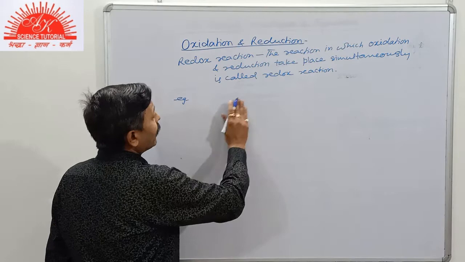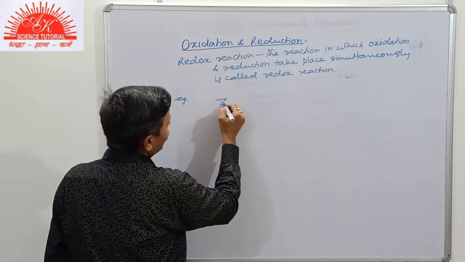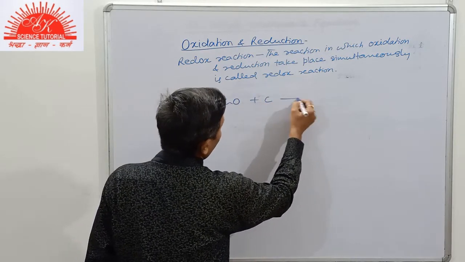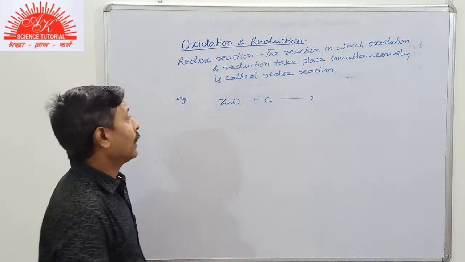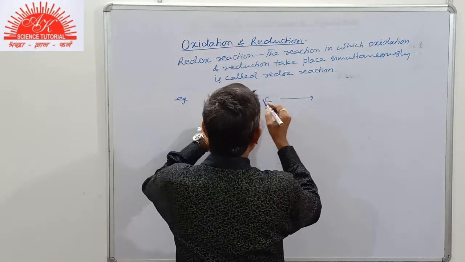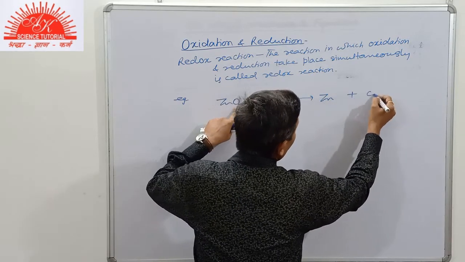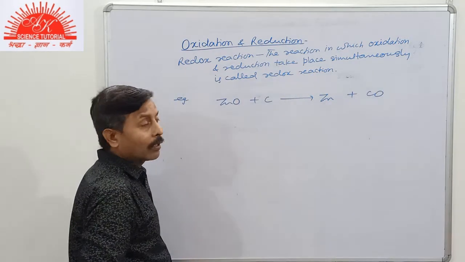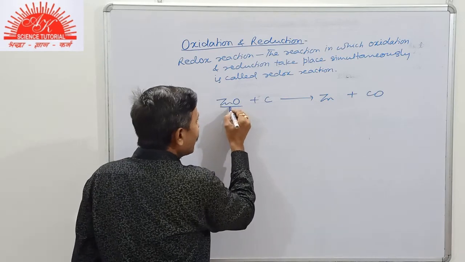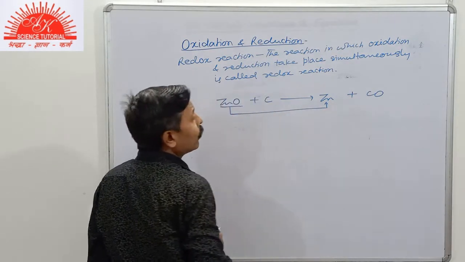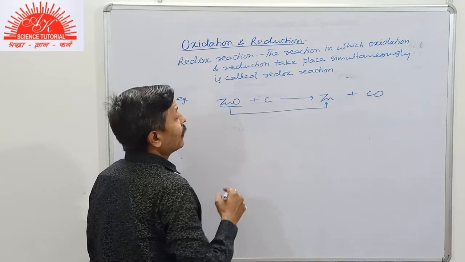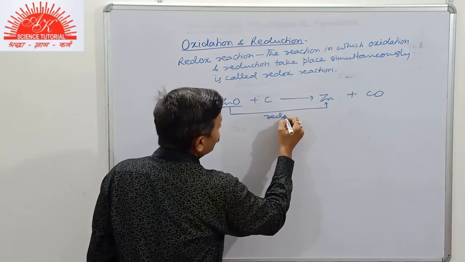Suppose again we take ZnO plus C. What happens here? From this part, oxygen is taken up by carbon, and it changes to this substance. Oxygen is removed from ZnO, leaving behind the zinc, so this is reduction.